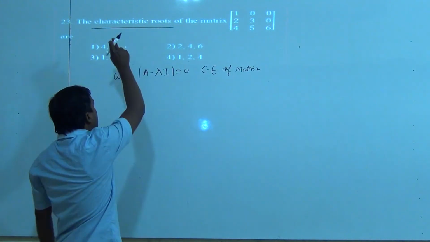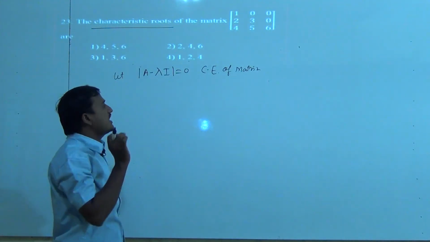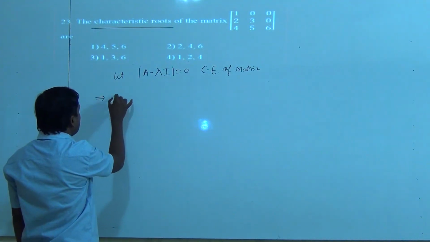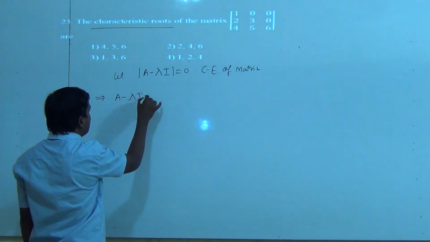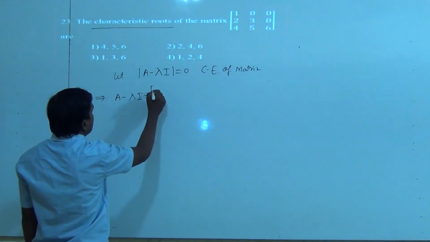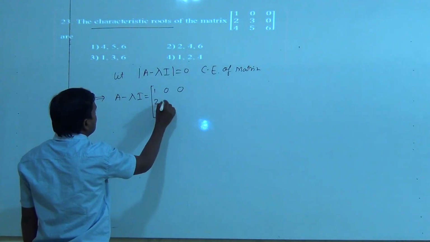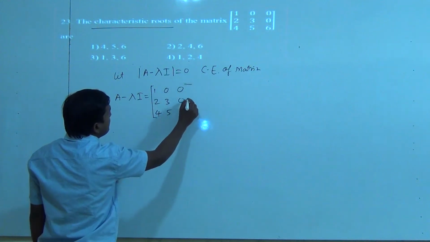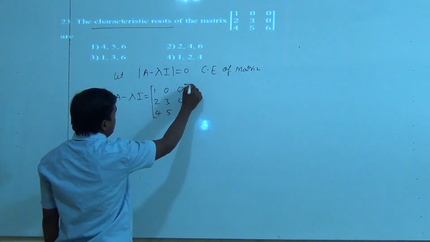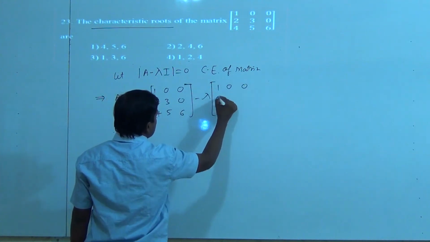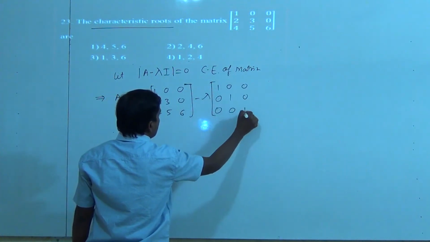Now to find the characteristic roots, first I should find the characteristic equation. For this I will write A minus lambda I. What is the value of A? They have given 1 0 0, 2 3 0, 4 5 6, minus lambda into the identity matrix 1 0 0, 0 1 0, 0 0 1.